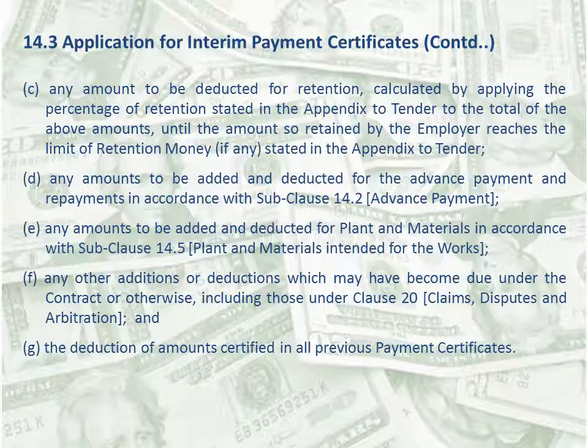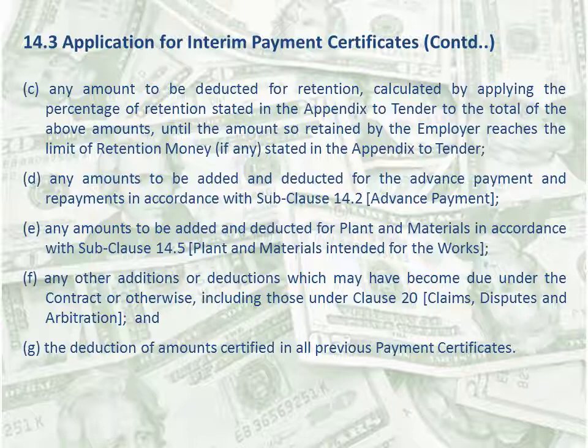Okay, we will continue subclause 14.3, which is application for interim payment certificates, from item number C. C. Any amount to be deducted for retention, calculated by applying the percentage of retention stated in the appendix to tender to the total of the above amounts until the amount so retained by the employer reaches the limit of retention money, if any, stated in the appendix to tender.